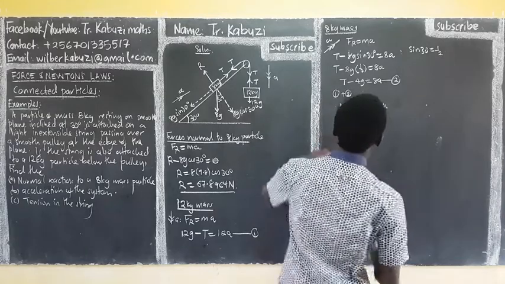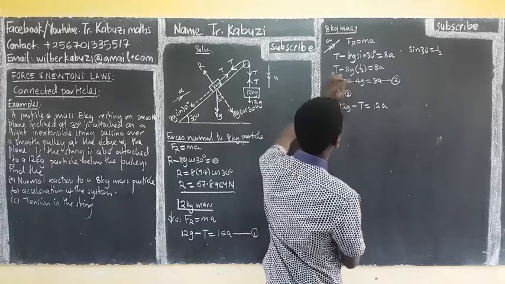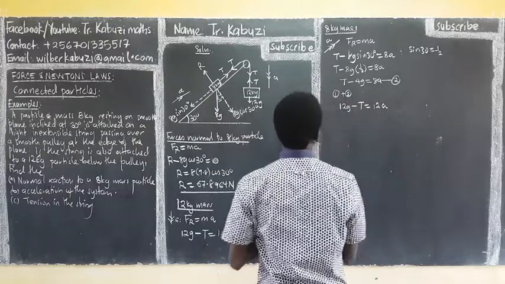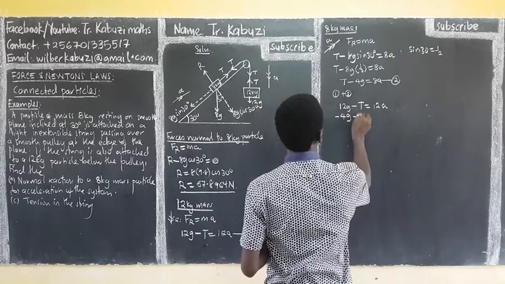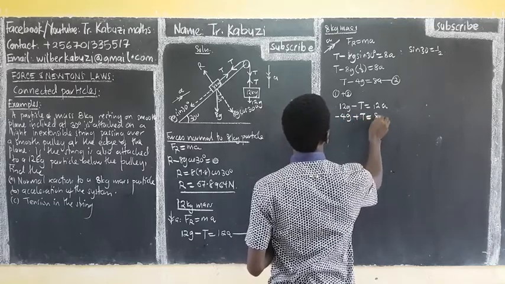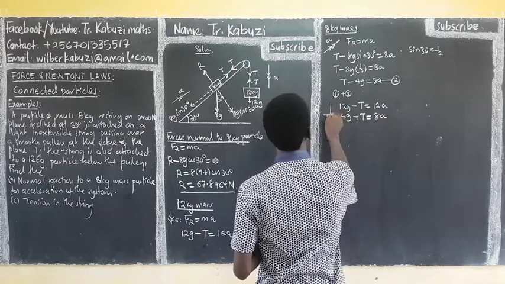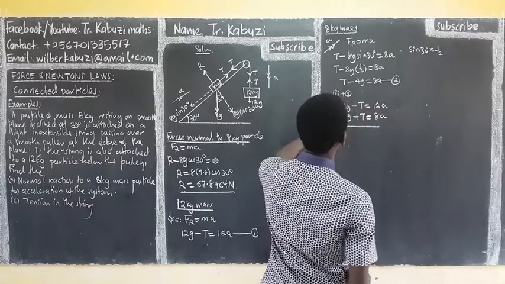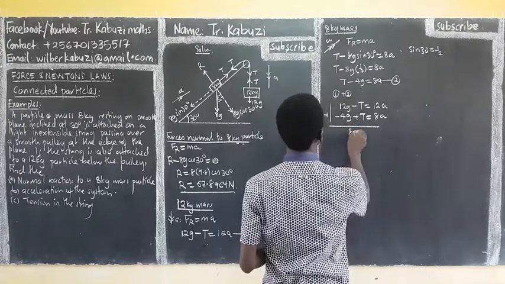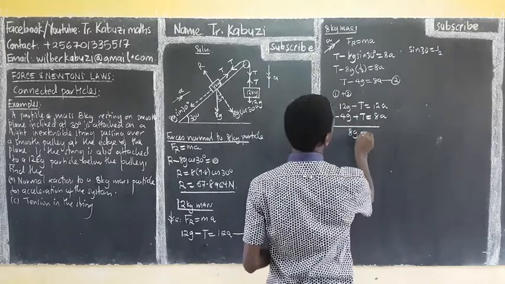Now we are going to rearrange equation 2: negative 4g plus T equals 8a. Then we add: this gives us 8g, the T goes to 0, and here we have 20a.